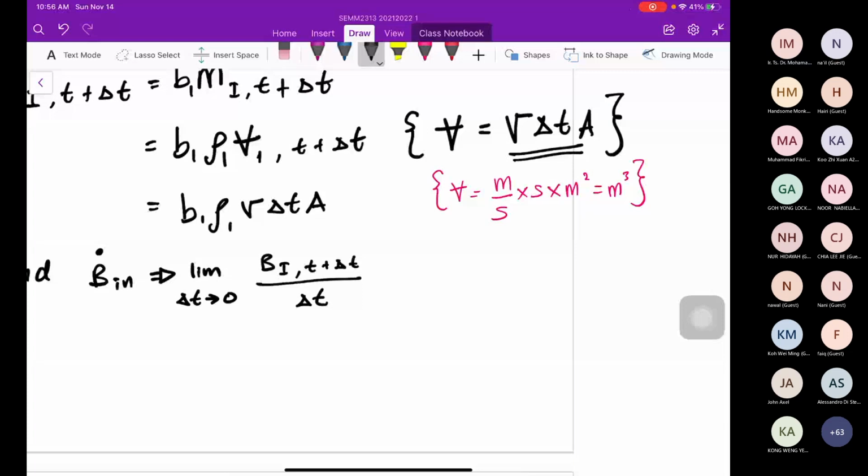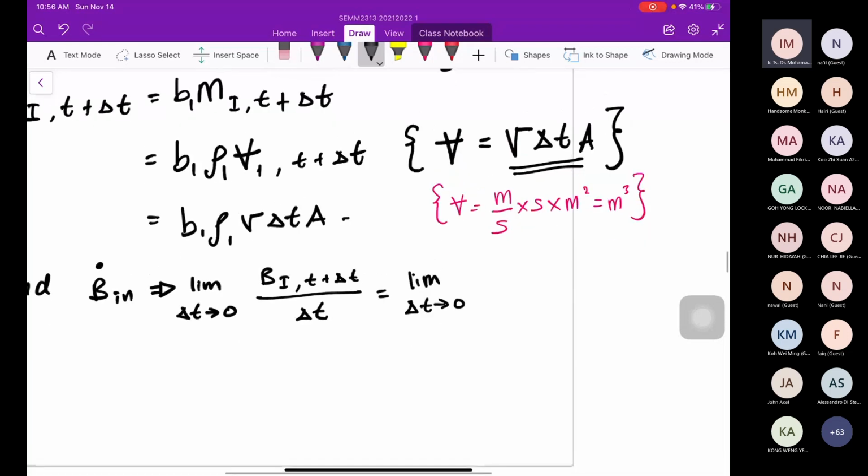Okay, so limit delta T approaching 0. B we replace with this one. B1, rho 1, V1, delta T, area 1 over delta T. So can we cancel delta T?